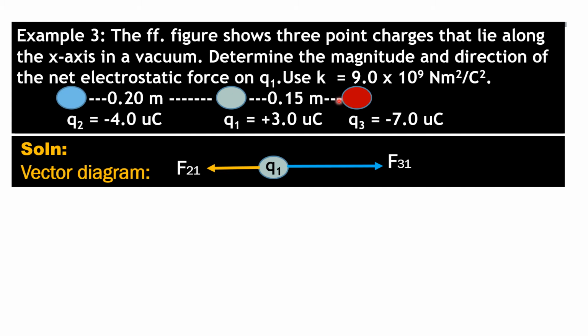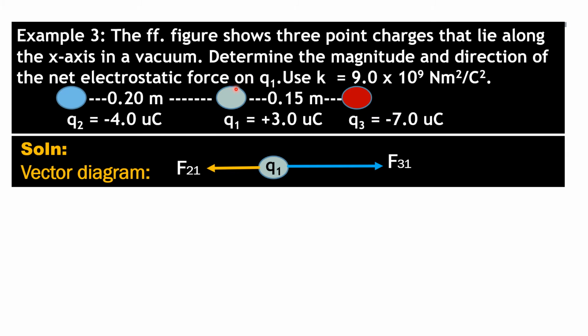Although they are not drawn to scale, I make it a point that 0.15 meters will look shorter than 0.20 meters, especially in our next diagram, which we call the vector diagram. But our concern is only on the forces acting on the charge Q1.